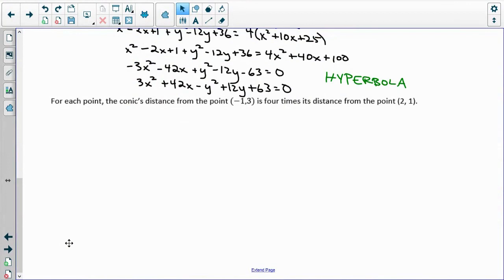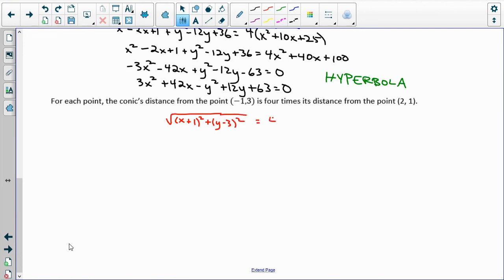For each point, the distance from (-1, 3) is 4 times the distance from (2, 1). So the square root of (x plus 1) squared plus (y minus 3) squared is equal to 4 times the square root of (x minus 2) squared plus (y minus 1) squared.